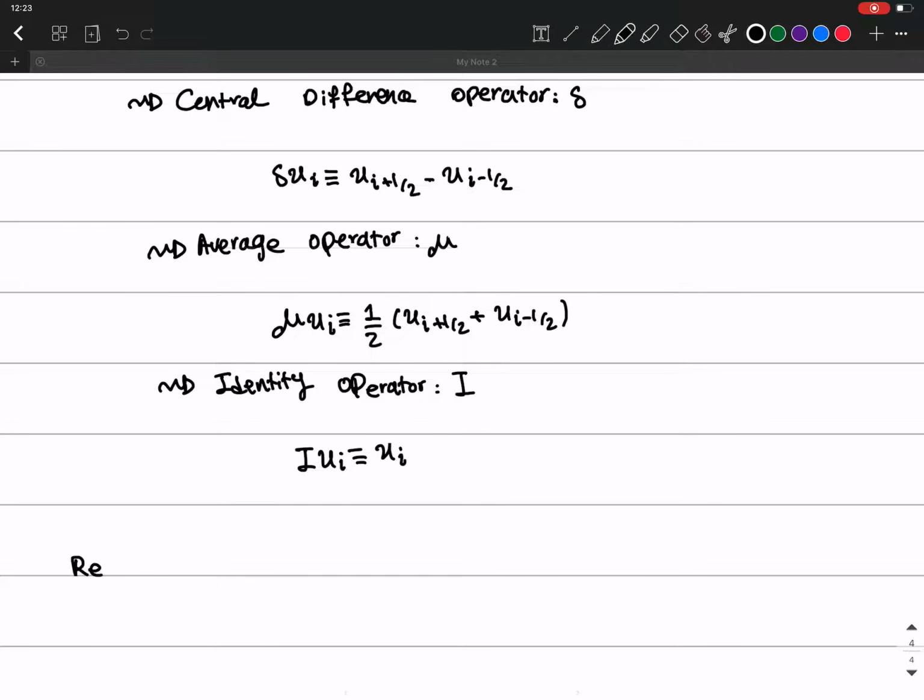And the thing I want to do is rewrite the previous approximations in terms of the operator notation.